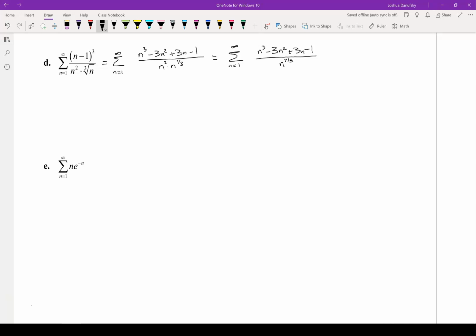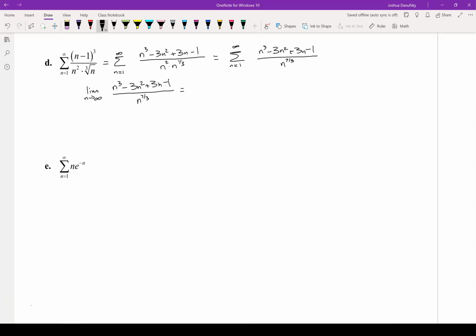Now let's see what happens when we take the limit as n goes to infinity of the terms of this series. We can rewrite this limit like this by breaking it up into 4 separate fractions.